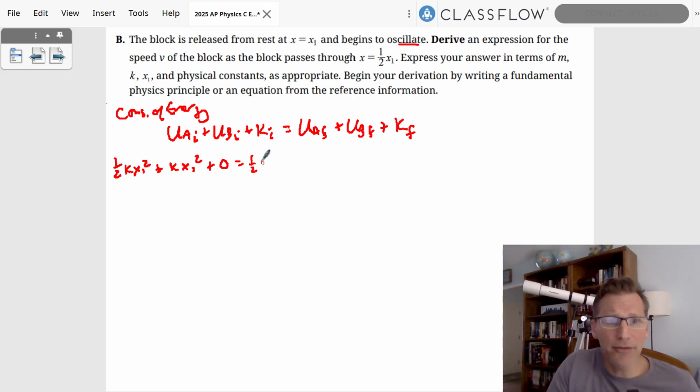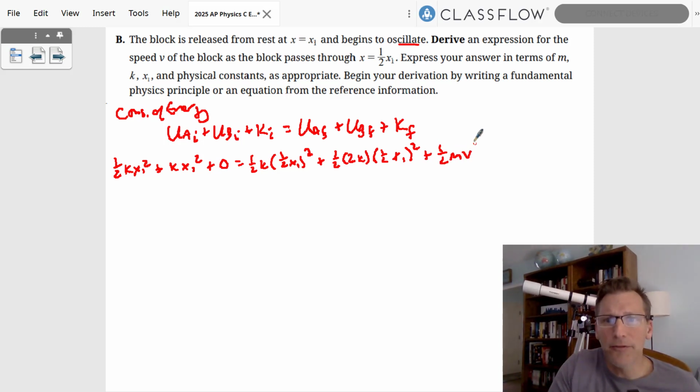So we have 1/2 of k times (1/2 of x1) squared, making sure to put that in parentheses, plus 1/2 of 2k times (1/2 of x1) squared, plus 1/2 m v squared. And we're trying to solve for this velocity right here. So we have to add some things up. At the beginning, we get 3/2 k x1 squared.